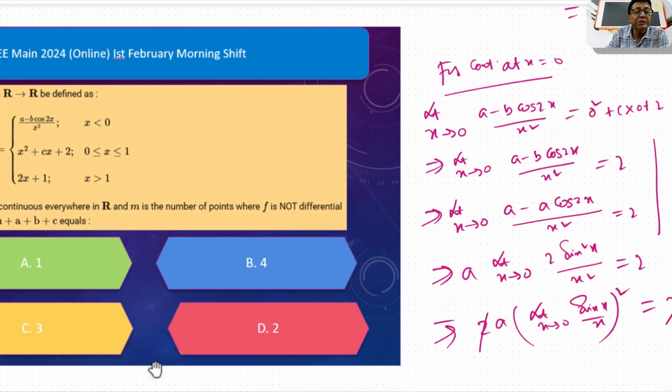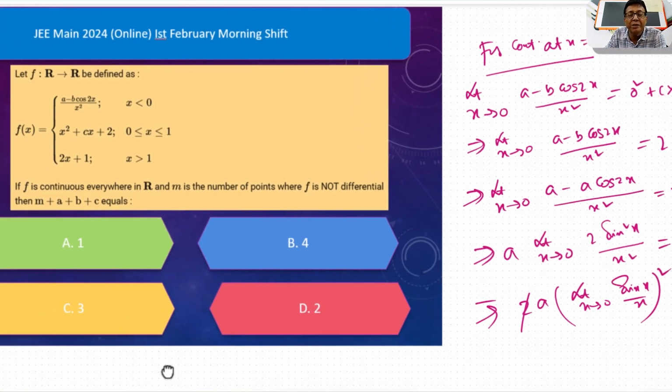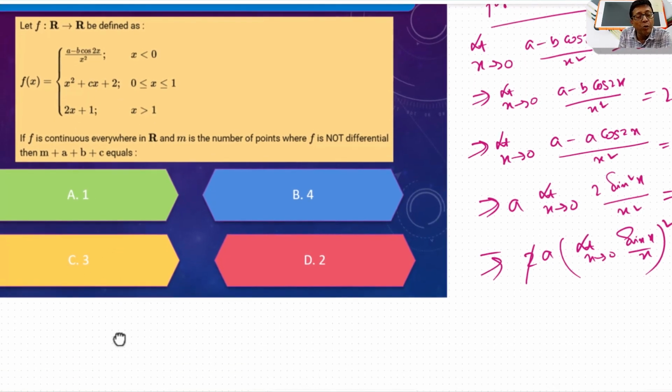f is continuous everywhere. So with the values a is 1 and b is 1, can we decide about the right part? For continuity at x equal to 1, what do you get?